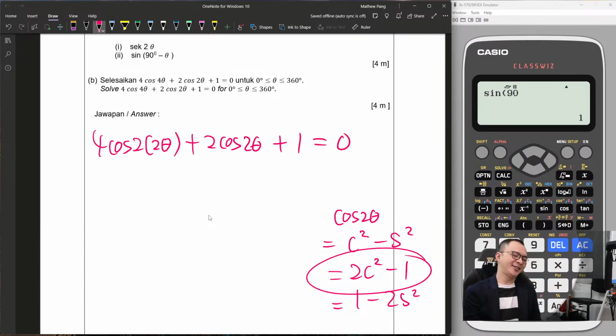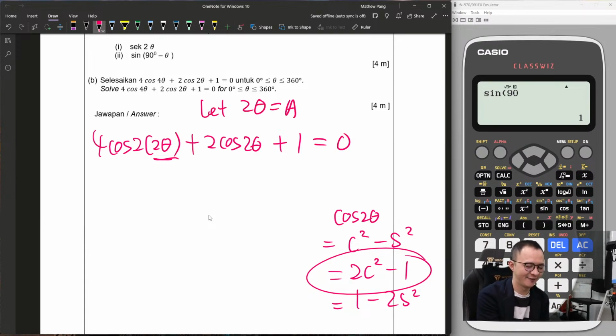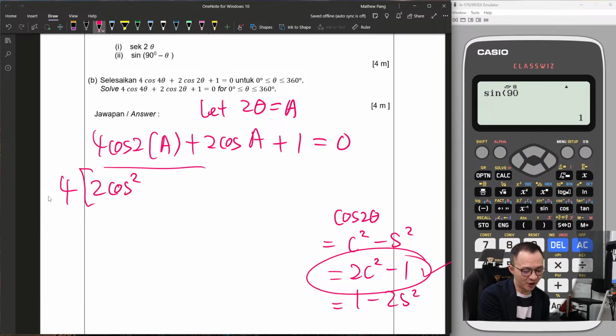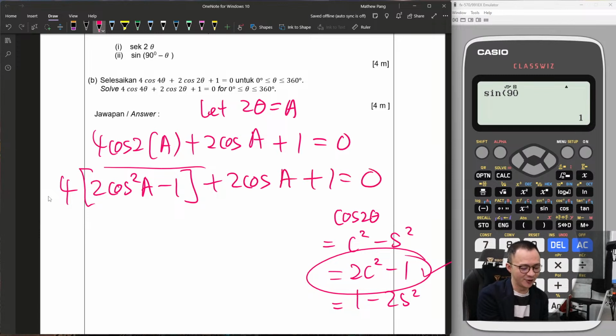In case you cannot see 2 theta as an angle, you can just let 2 theta become A. Then you can see this one is 2A. This is A. So what is the formula for cos 2A? We choose the second one, only have cos. So it's just 2 cos square A minus 1 plus 2 cos A plus 1 equals 0.